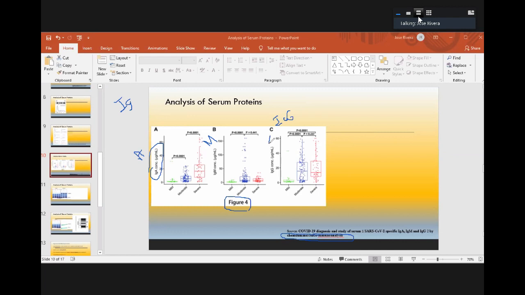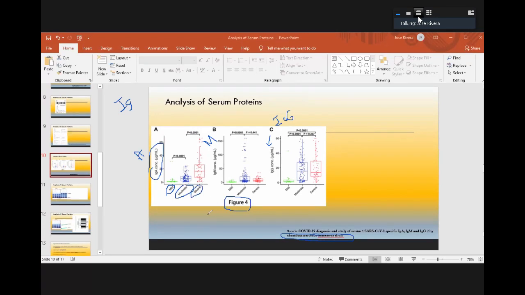They're looking at levels of these antibodies in people that were diagnosed, that got COVID. I didn't read this paper very well, but just looking at the data, they're looking at mild cases and moderate cases of the disease, and by moderate I mean severe.